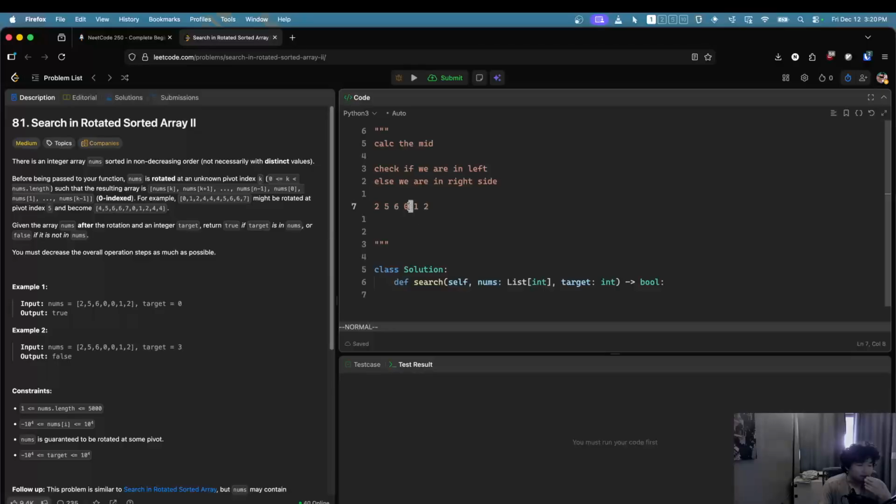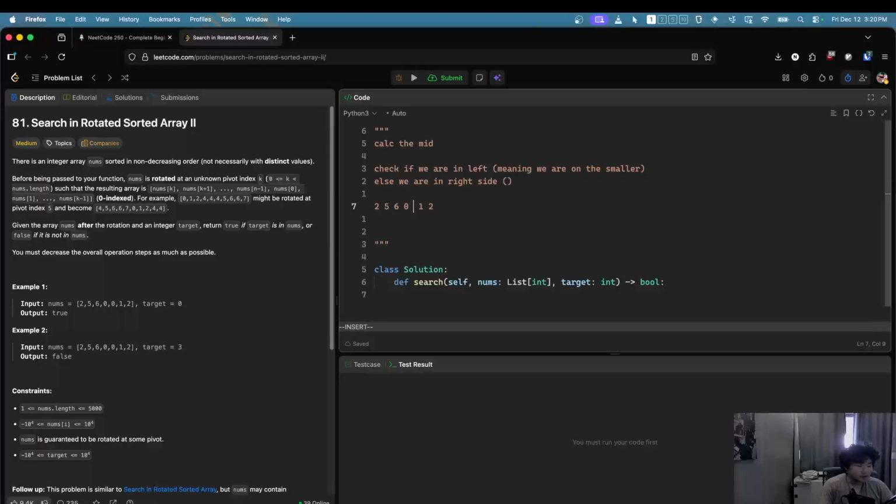So that means we are on the smaller side. If we're on the right side of the pivot, that means the number is bigger than the one next to you.